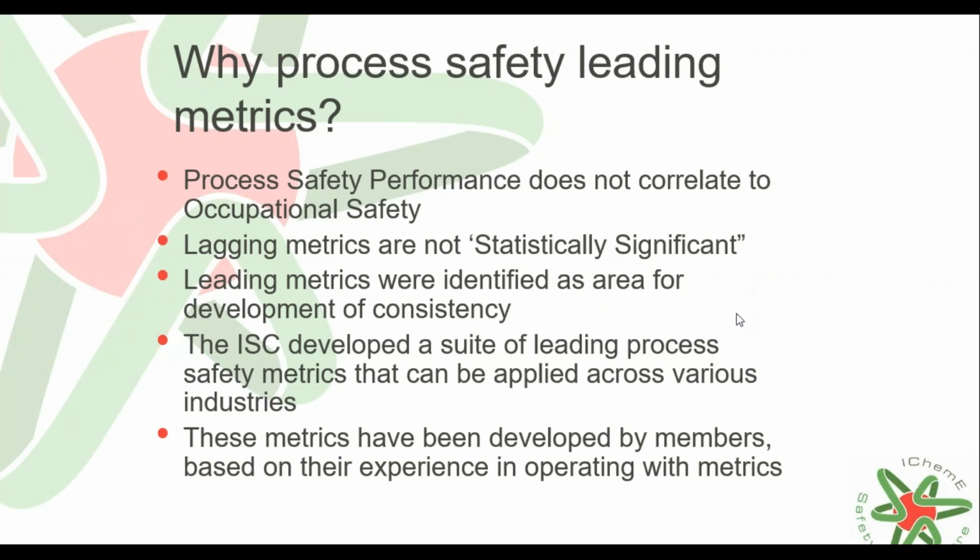So unless you've got a large company with lots of operating plants, that's essentially where you struggle to measure your performance each year and say we've had a good year because we haven't had a fire or explosion this year. I hope that goes some way to explaining why statistical significance is important for companies. But it's all around your number of operating hours in that year for your size of the company.